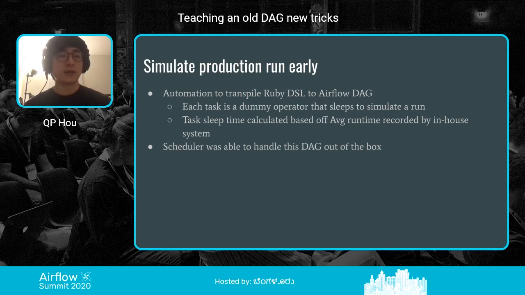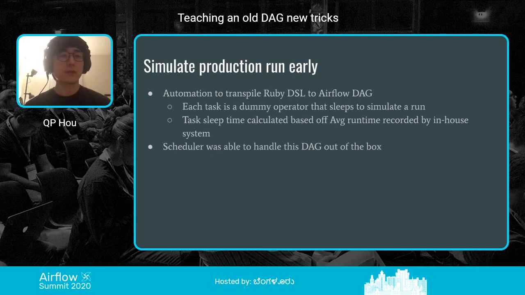And then we also set the task sleep time based off the statistics we get from the in-house system. So we use the average runtime so that the full pipeline run will be as close as possible to what it will actually look like in production to the Airflow scheduler.